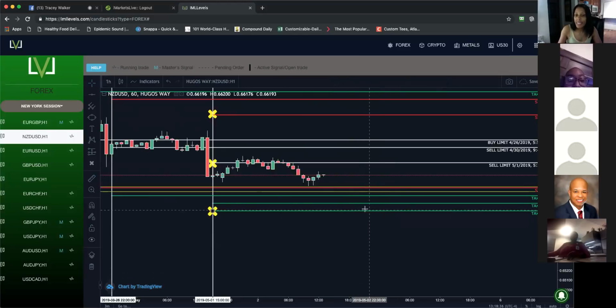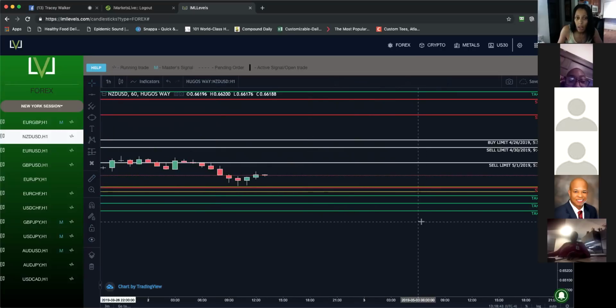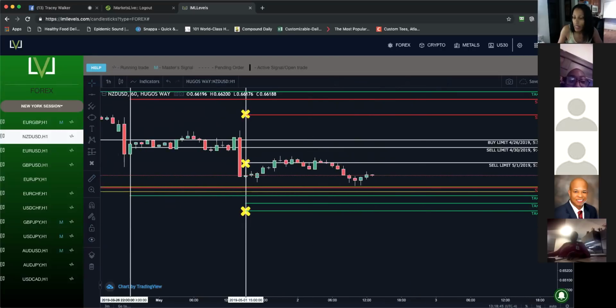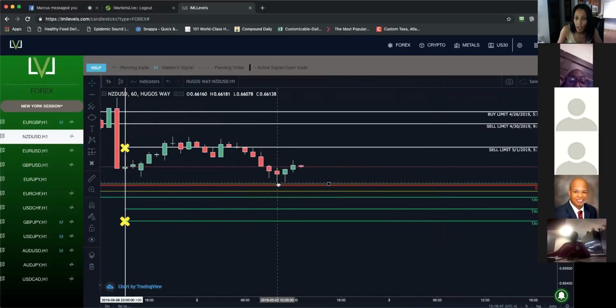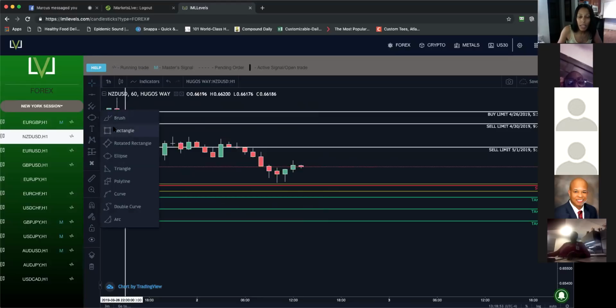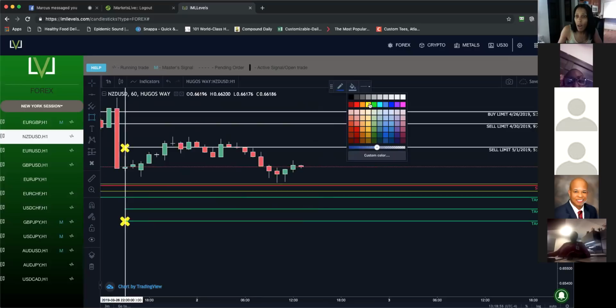So you guys can see that price almost hit the 25 pip level. It didn't hit it. It was close, right? And you got 25 to 30. So anywhere in this zone, ladies and gentlemen, this is where you can take your money.